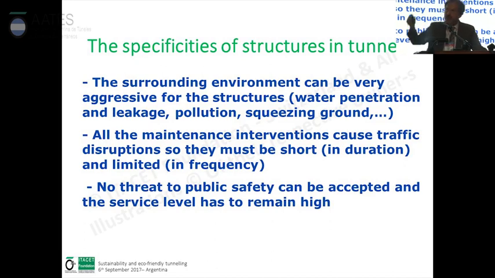Of course, if there is a part of concrete in the slab that is unstable, I cannot admit that this part can drop on the car, on the vehicle. So I have to care absolutely about the safety. If something happens, it will be unacceptable.